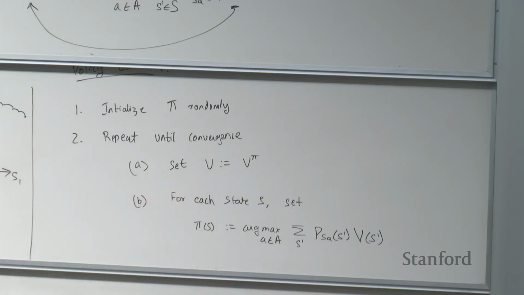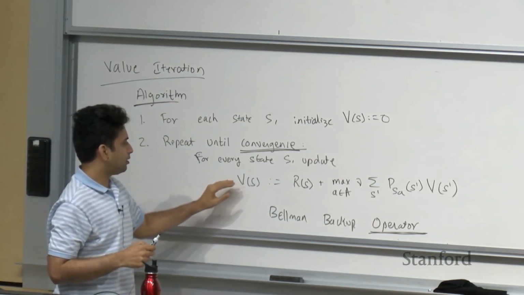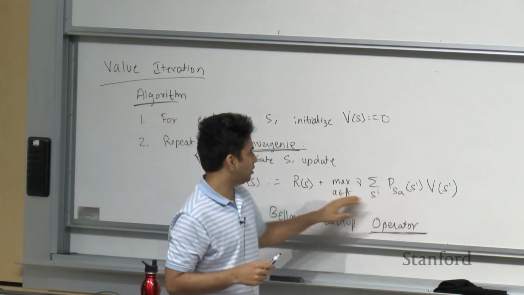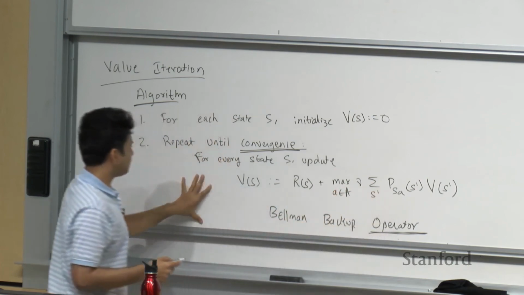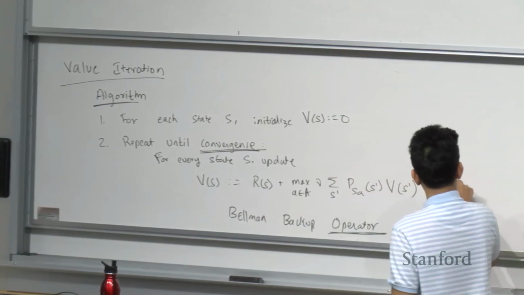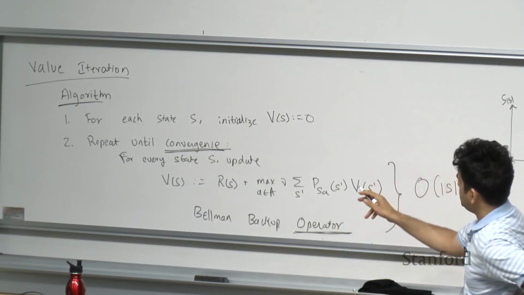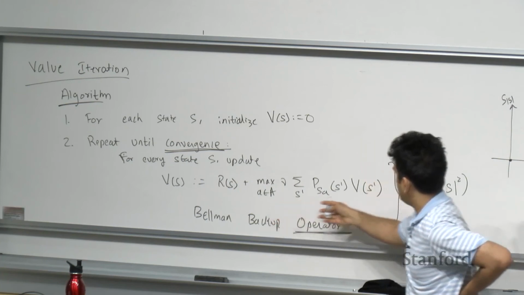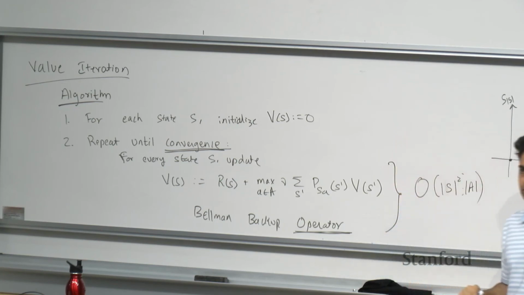Now, what's the difference between these two methods? We can make a few observations. First of all, in value iteration, for each state in the value function, we are performing a max over a capital S number of items. So you can think of the computational complexity as order S squared times A, the action space, approximately.